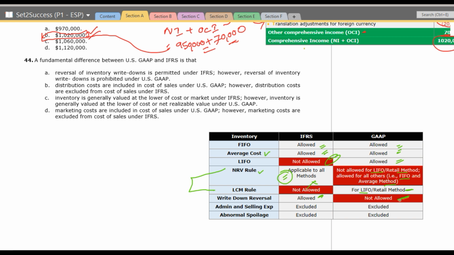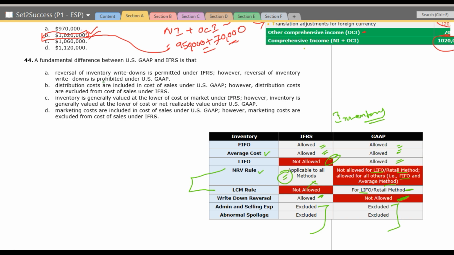US GAAP does not allow the write-down reversal, and admin and selling expenses and abnormal spoilage are excluded under IFRS and GAAP. These are some differences related to your inventory.